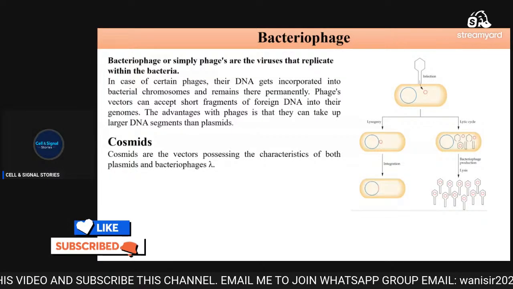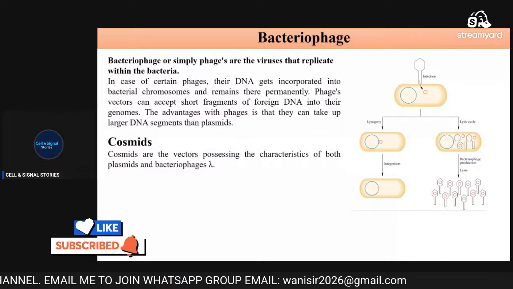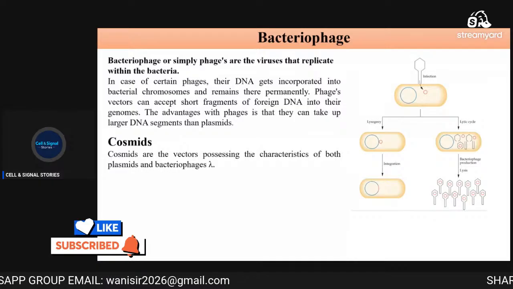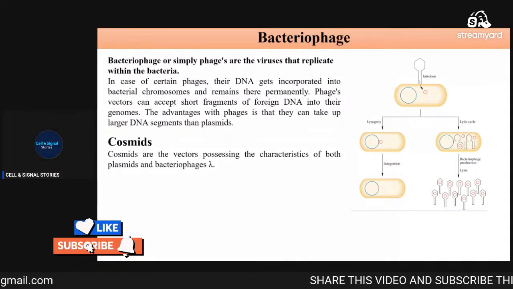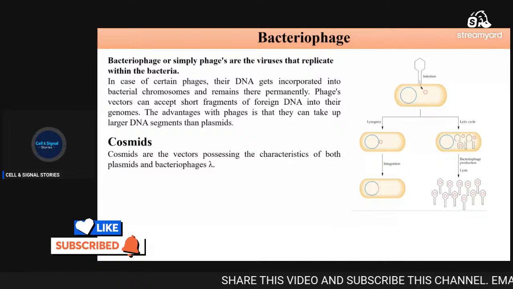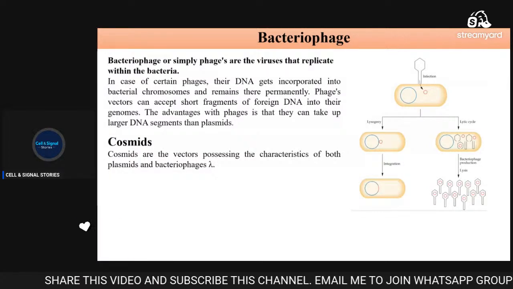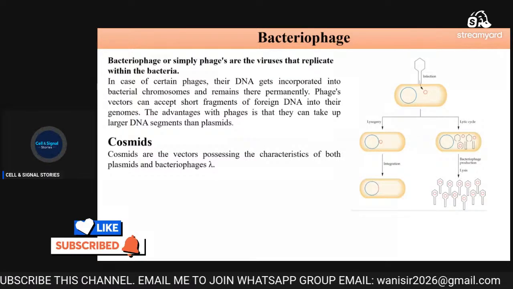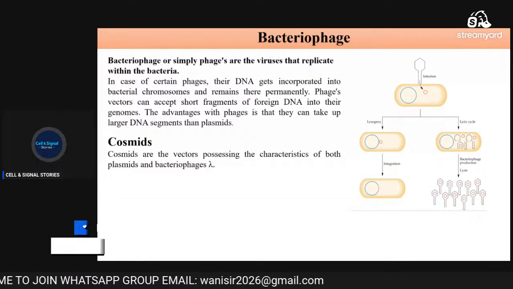We combine the best features of the plasmid and of the bacteriophage, and a new type of vector is formed, called the cosmid vector. I will tell you very soon about what foreign DNAs are inserted into this. First of all, we will try to understand the basic structure and formation of these vectors.